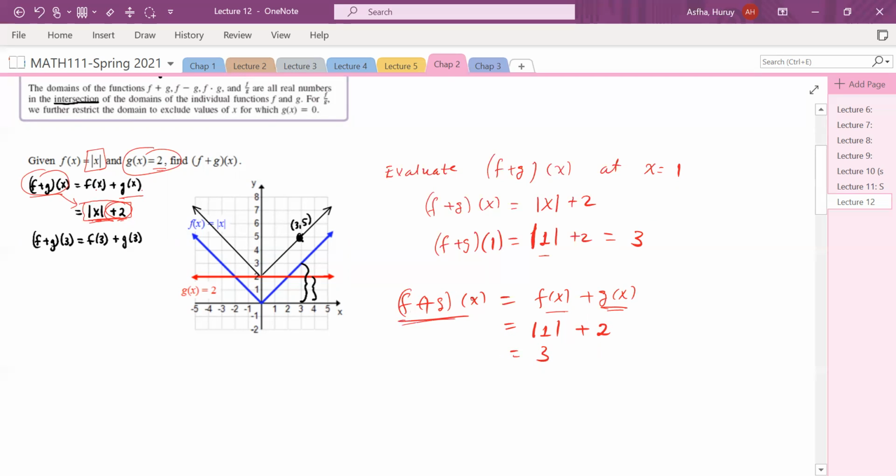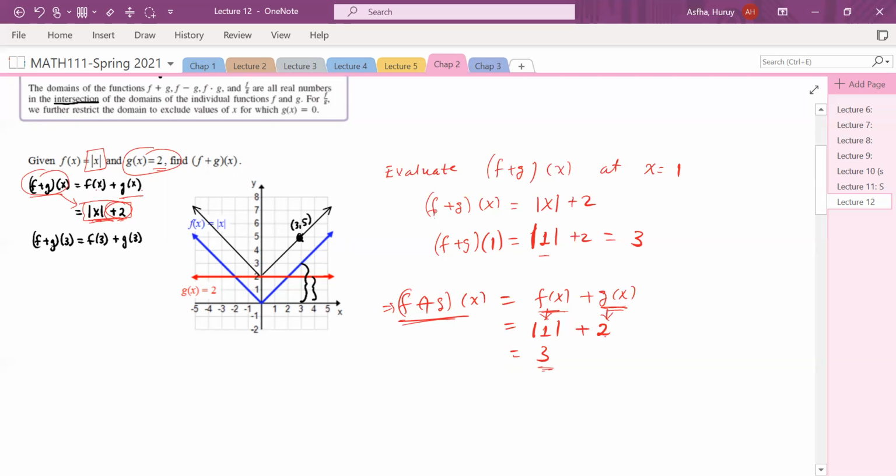So as you can see, in the second way, I evaluated the individual functions separately, f at x equals 1 and g of x, which is 2. This is the output for g of x, this is the output for f of x, and then the sum is 3.